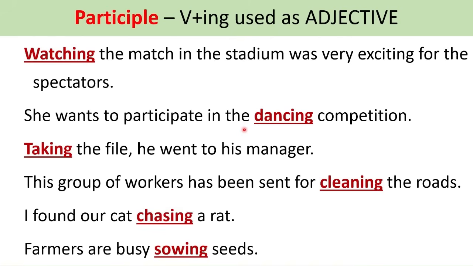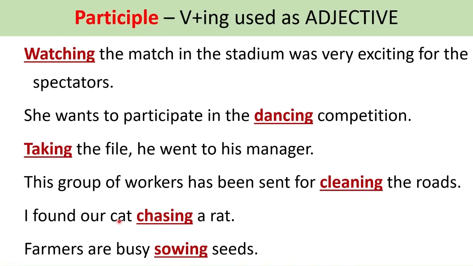She wanted to participate in the dancing competition. Again, competition is the noun, dancing is the adjective, the description. Taking the file, he went to the manager. Now, file is the noun, so taking becomes adjective. This group of workers has been sent for cleaning the roads. Roads is the noun. Cleaning cannot be the noun, therefore it's adjective.